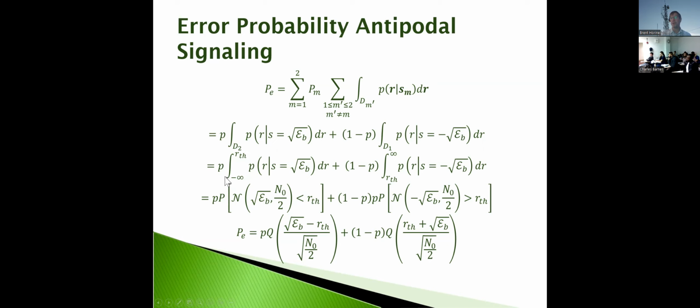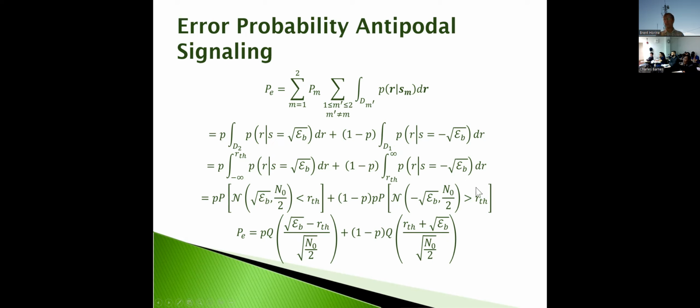So this is decision area 2, going from negative infinity all the way up to that threshold, right? That we defined as that mildly complex function of the logarithm of the ratios, sorry. And then likewise over here, decision area 1 is going from that threshold out to positive infinity.